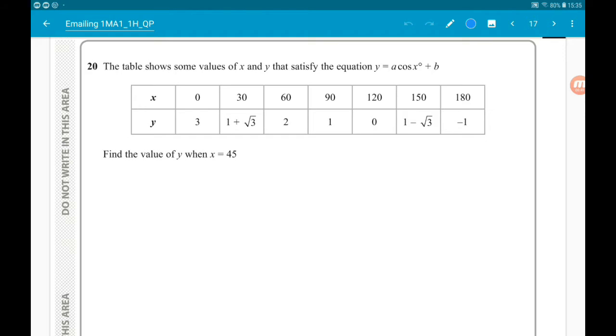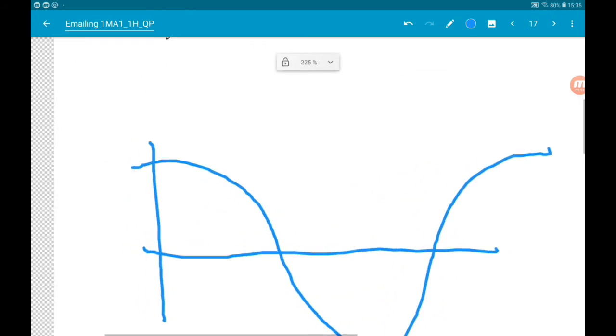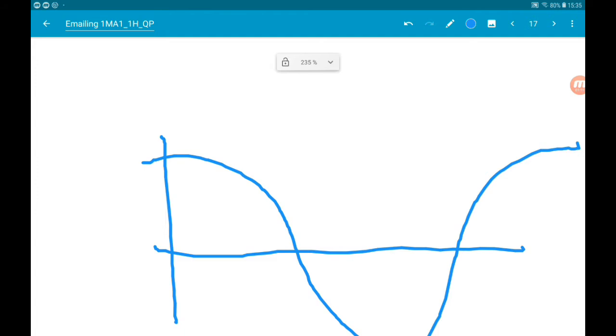So looking at our table, when x is 0, y is 3. When x is 30, y is 1 add root 3. So what would be really nice here is if, for one of these values of x, cos was equal to 0. Now, if we have a look at the graph quickly, cos looks like that. So when x is 0, cos is 1.